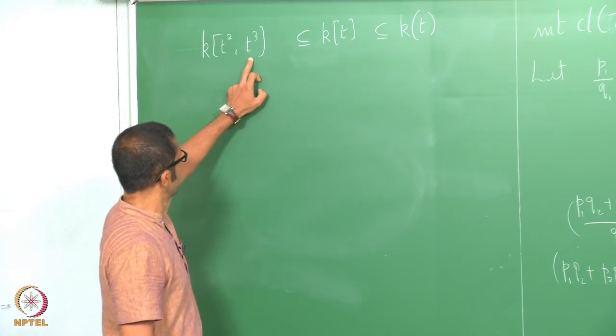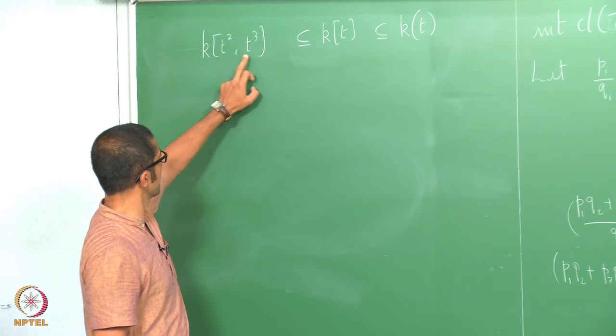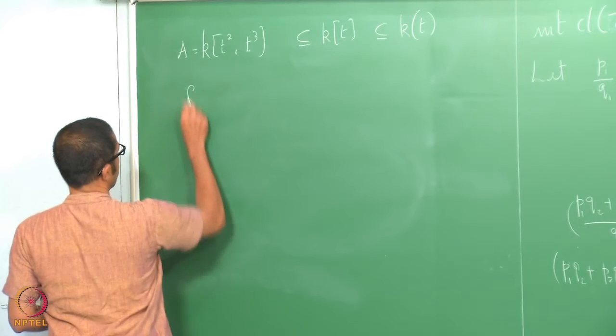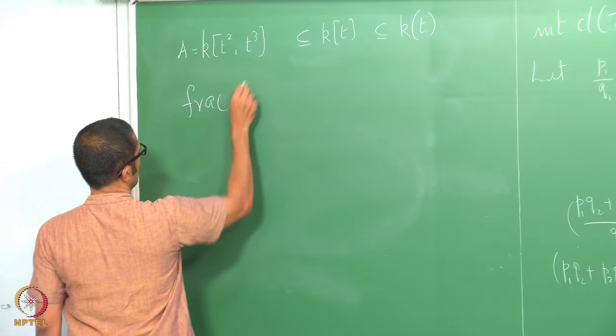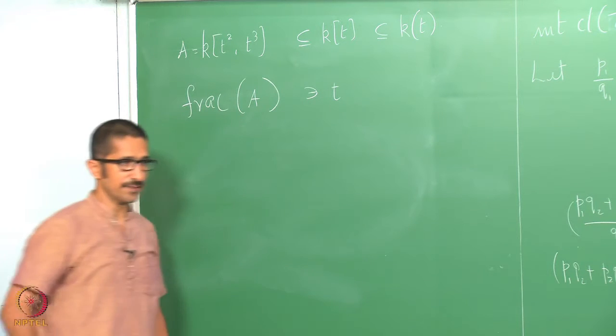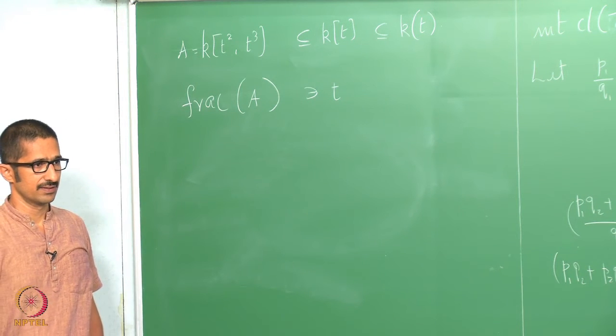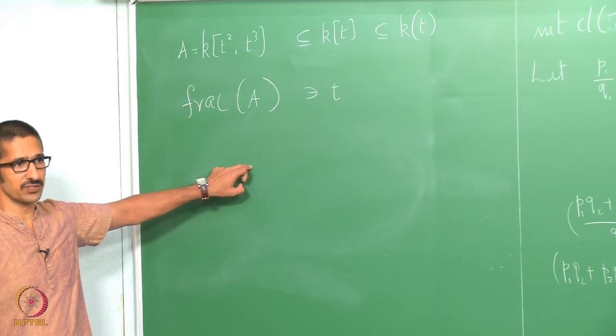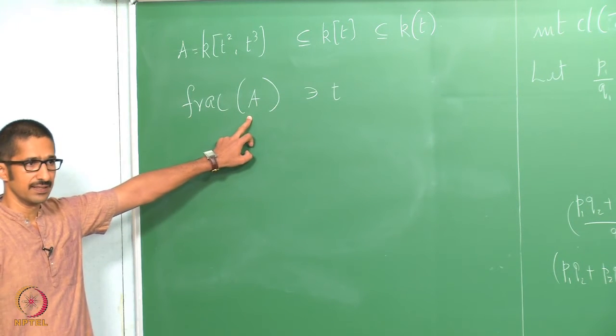Okay. Now, you can see that if A is this, it has t in it, right, because t cube by t square is there in this one.